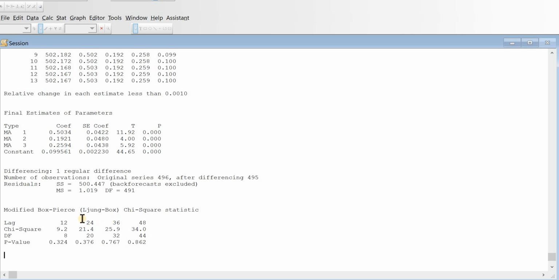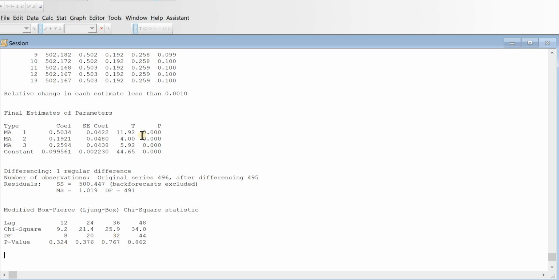Okay, this is the result. Here we have to check whether the p-value is not significant, meaning that it must be greater than 0.05, meaning that there is no correlation in the residual.